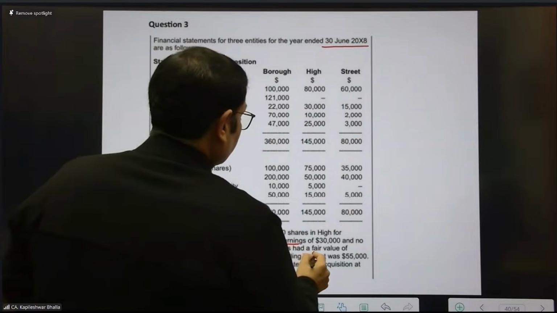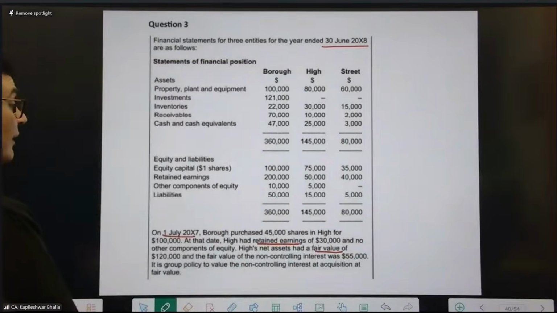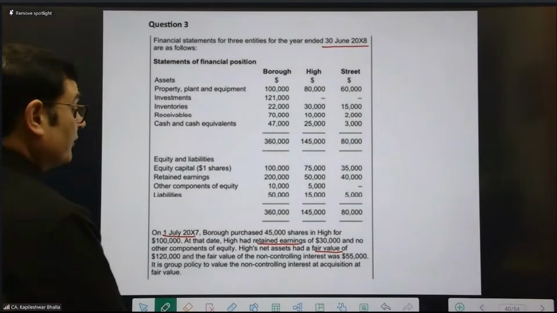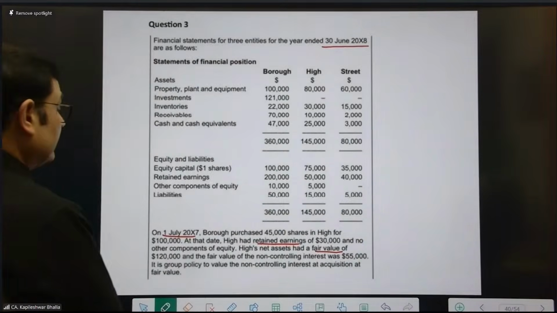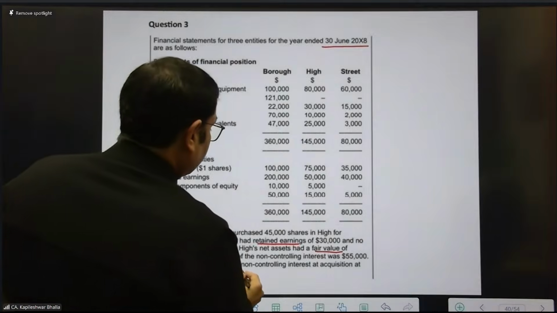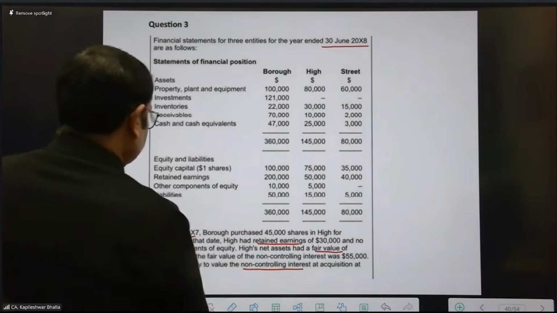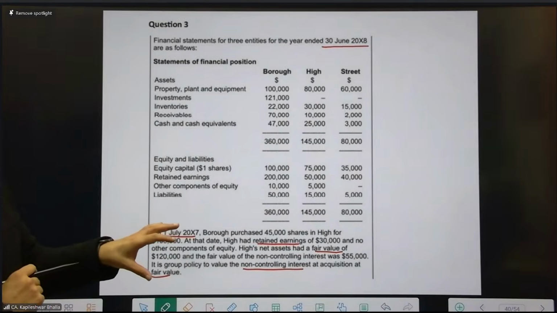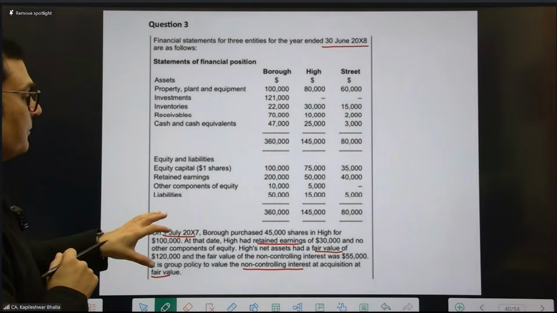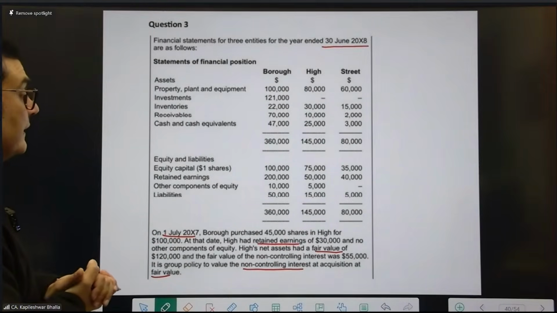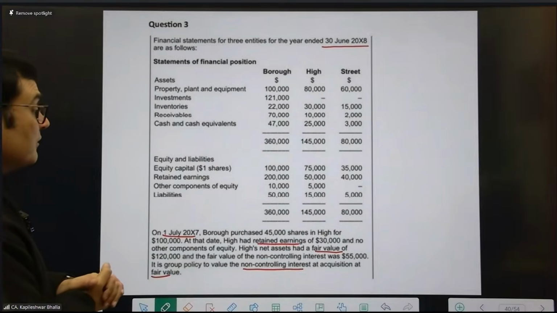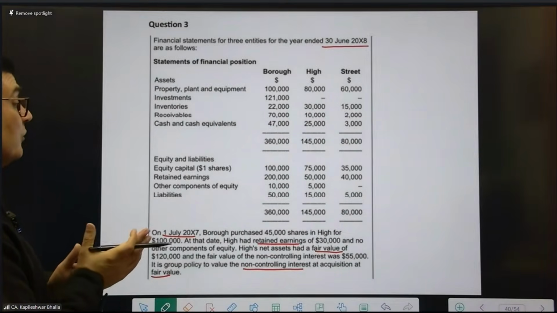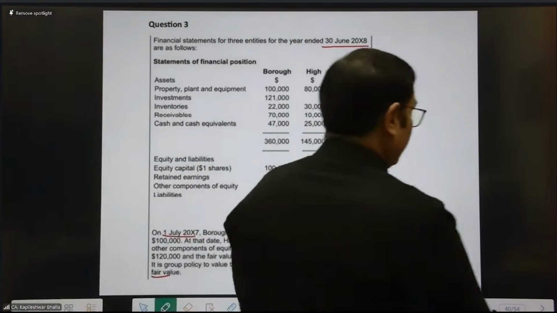The net assets had a fair value of 1,20,000 and the fair value of the NCI is given. It is a group policy to value the NCI on the acquisition date at fair value. So we're given the status at the beginning of the year, that there have been some retained earnings, and we are also given that the net assets had a fair value of 1,20,000. Okay, let's proceed further.